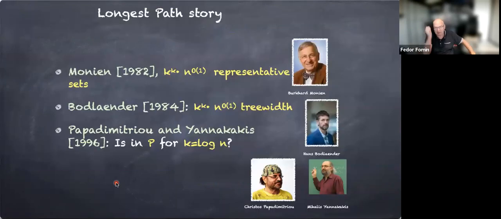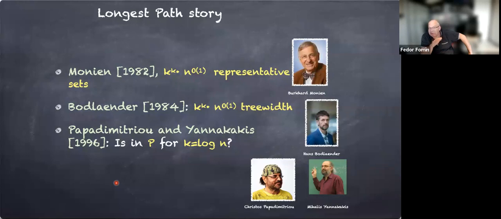And this is quite long. So this is the longest path, and the story was also quite long for this path. Basically, yesterday I gave you an exercise to think if you can do anything better than the brute force n power k algorithm. And actually, there's also a history of other people who were trying to obtain such algorithms. In 1982, Monien obtained an algorithm of running time k power k.